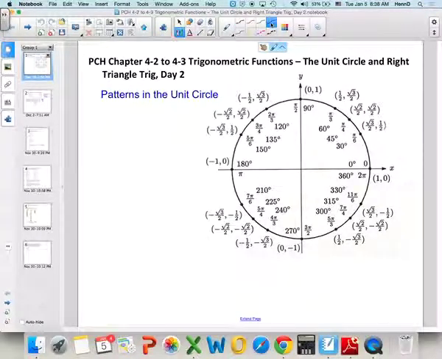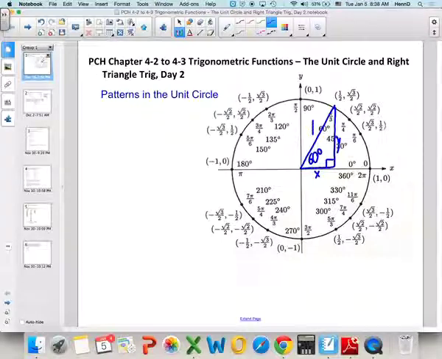For example, if I took, let's say, the 60-degree angle right here, this is a unit circle, so I knew that the hypotenuse was 1. And if you used SOHCAHTOA, sine, cosine, or tangent, we needed to figure out the x and y coordinates.